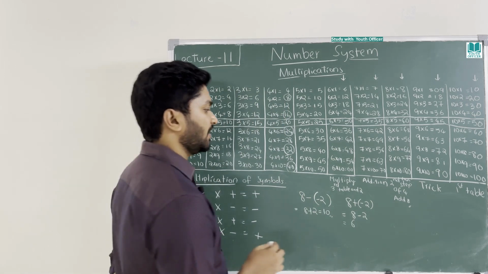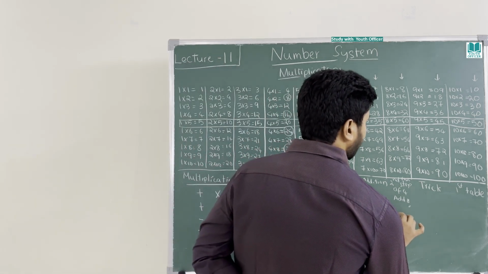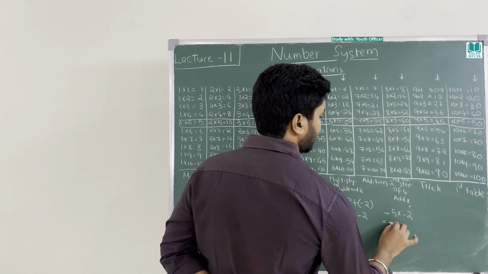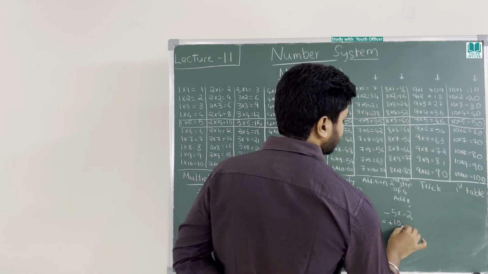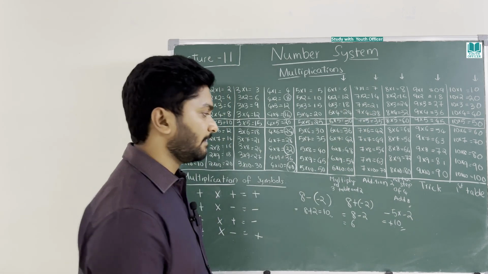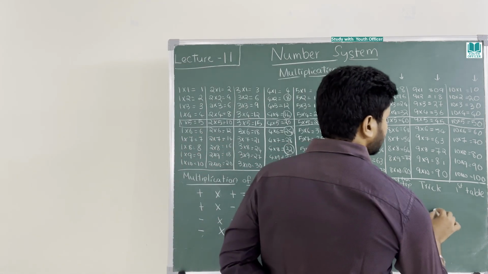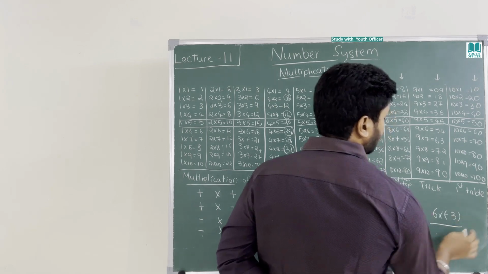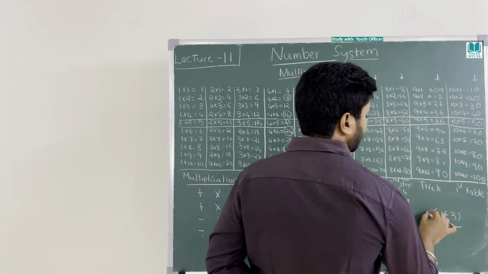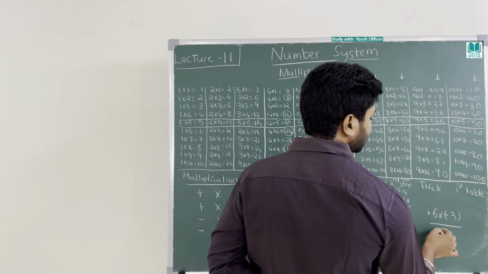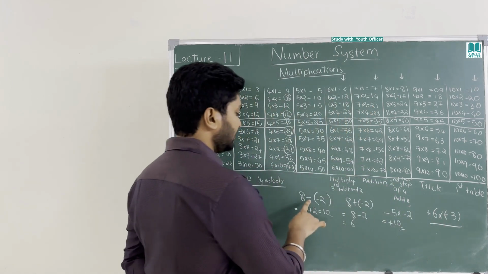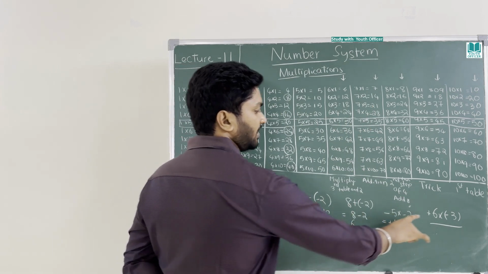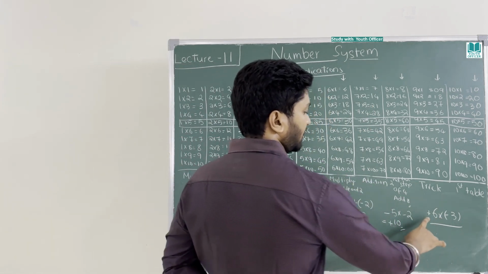Anything can be done. Or sometimes they will give you minus 5 into minus 2. What is the answer? Minus into minus is plus, 5 into 2 is 10. This is the answer. Or they may ask you 6 into minus 3. What will you do? Here there are positive and negative symbols, but here there is a multiplication symbol.